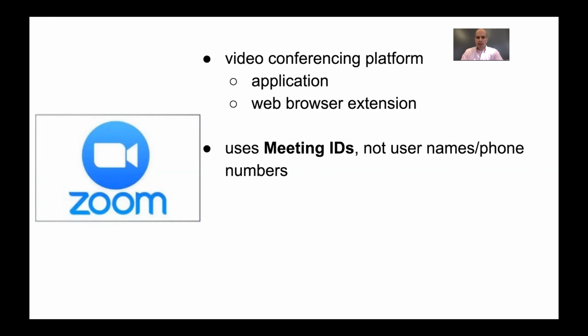One thing about Zoom is it uses meeting IDs, not usernames or phone numbers. This is the meeting space that I set up for this meeting, and you all came and met me here in this space, right? I didn't have to call anyone or get your username or anything like that. For example, I'm logged in with my nswinehart at uchicago.edu account.